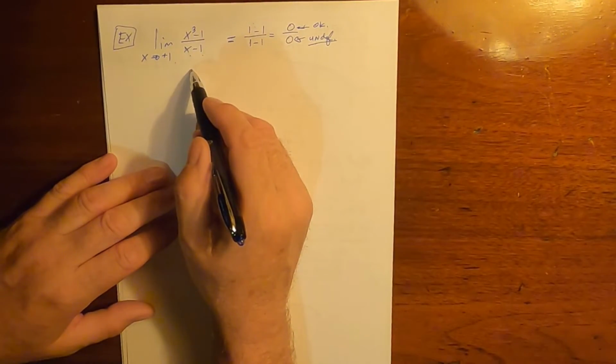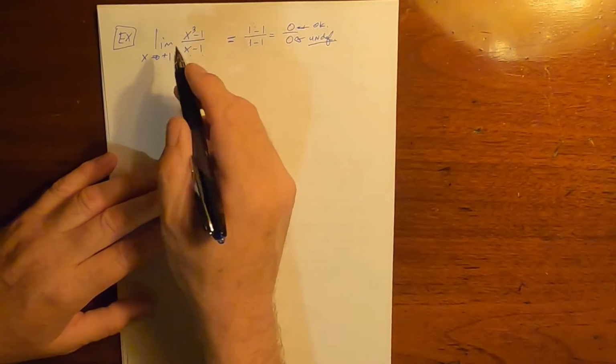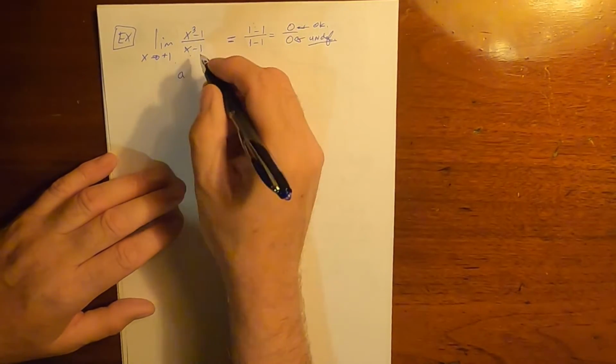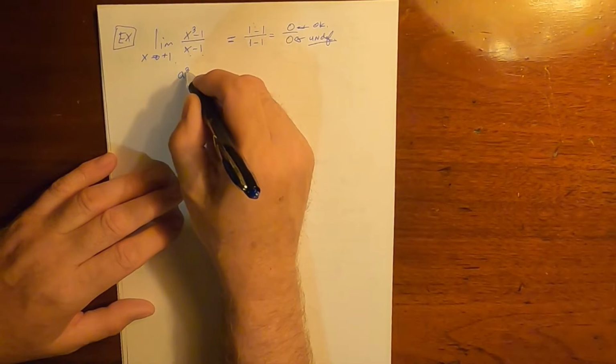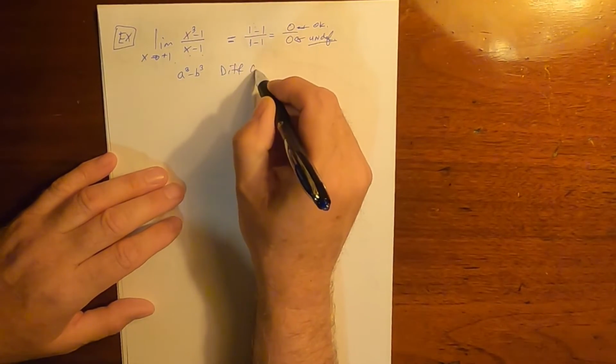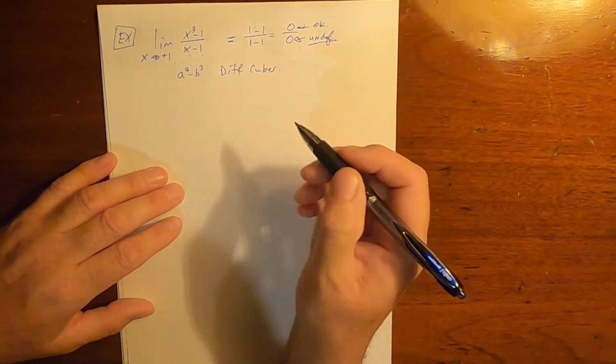Watch how this works. If you are very astute, you would have recognized that this was a cubed minus b cubed, the difference of cubes, in the top.